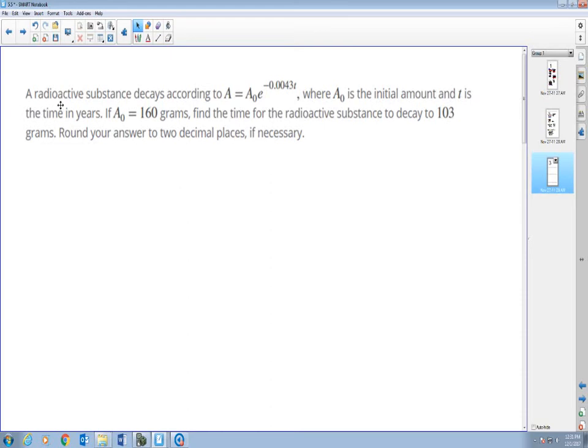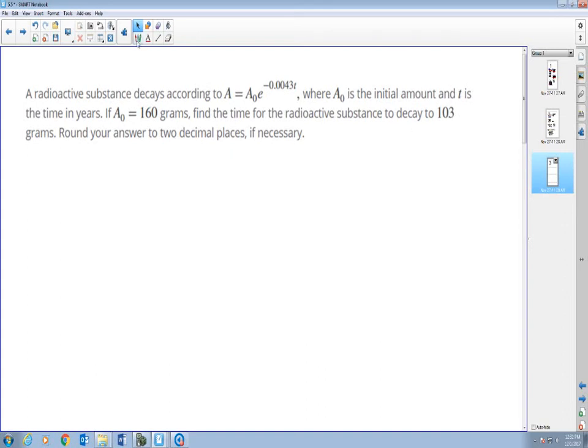Okay, a radioactive substance decays according to this function, where capital letter A is how much of the substance that is left after some time t. T is a time in years. So if my initial amount is 160 grams, find the time for the radioactive substance to decay to 103 grams.